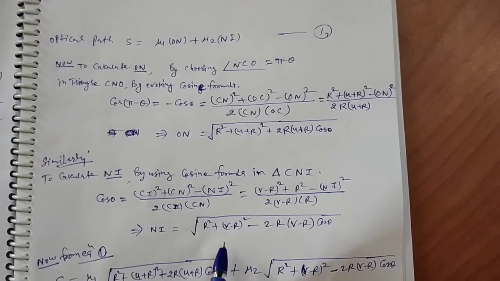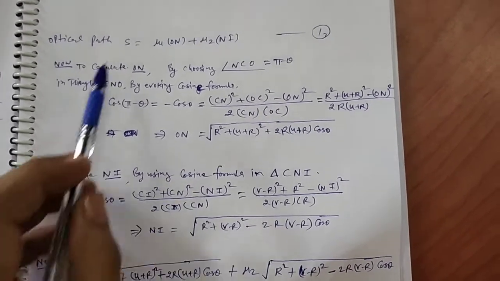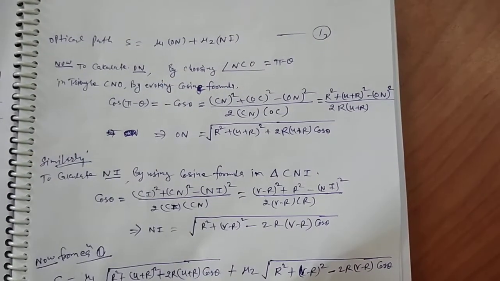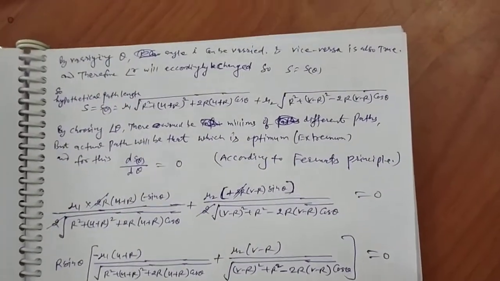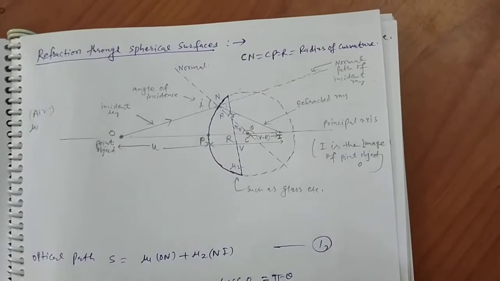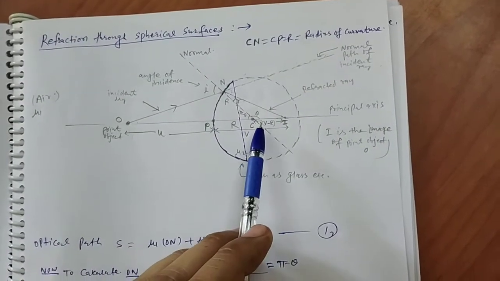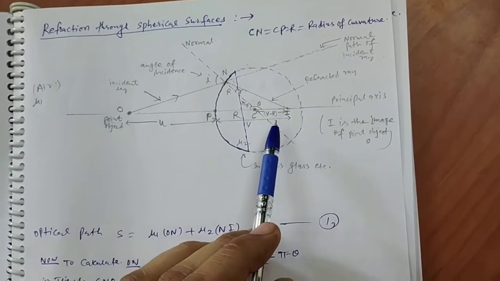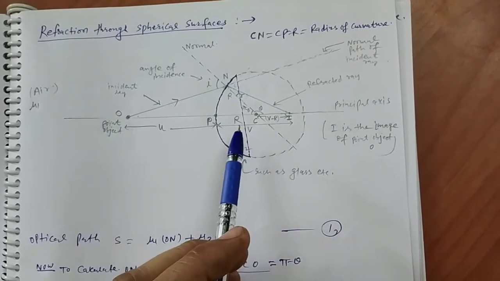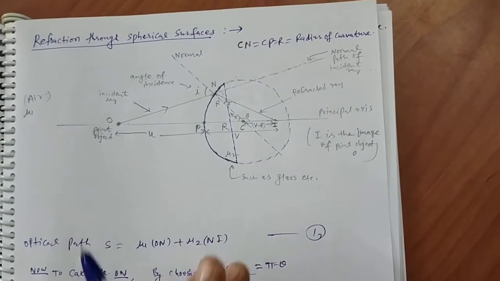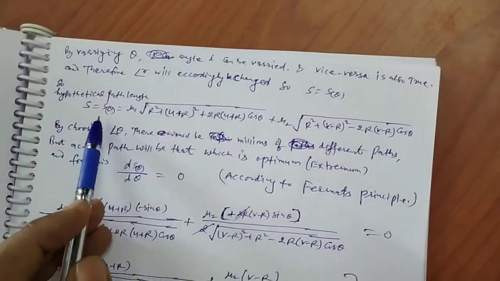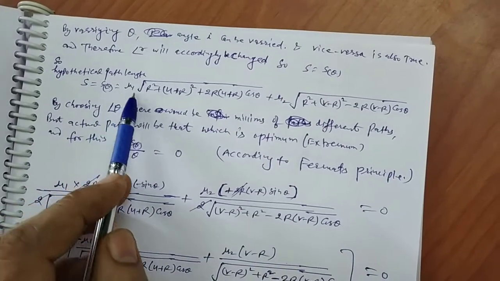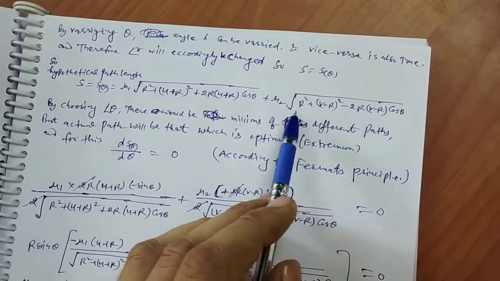By putting the value of ON and NI in this equation first, we can write it as this one. Now the value of theta can be governed by i, which means if i changes, then theta will change. So for particular theta, this is s equal to s of theta. This one is the same as in the earlier equation.